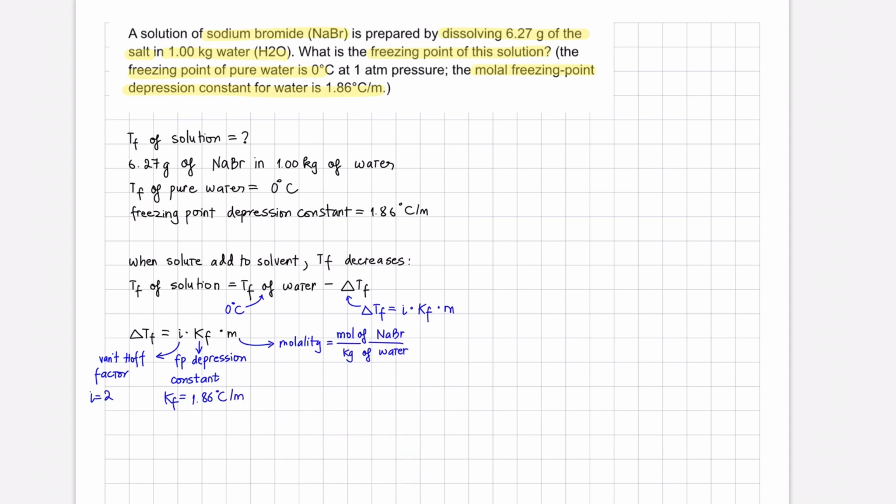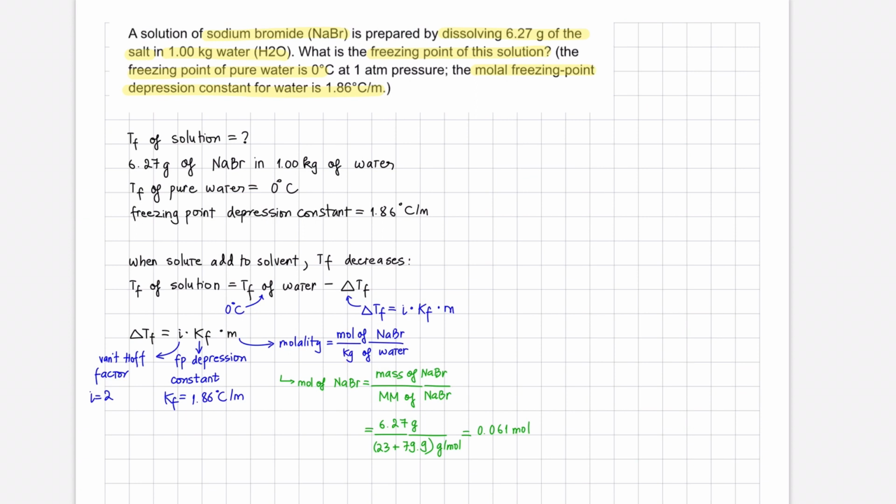So back to our case. We know the van 't Hoff factor is 2, and the freezing point depression constant given to us is 1.86. Now we have to calculate molality. The formula for molality is moles of NaBr divided by kilograms of water. So let's calculate moles of NaBr. The formula is mass of NaBr divided by molar mass of NaBr.